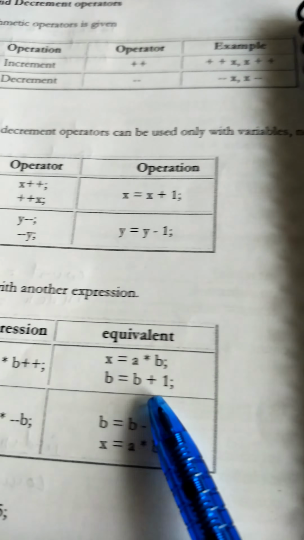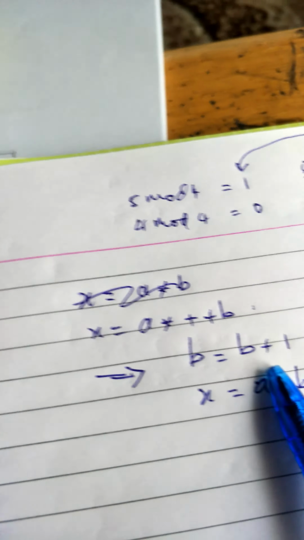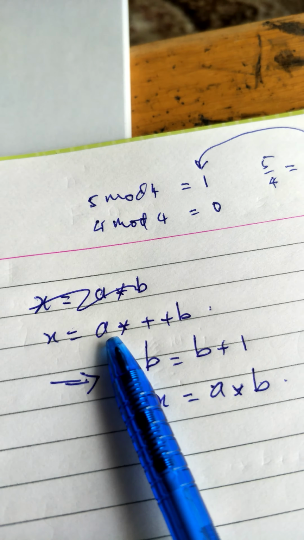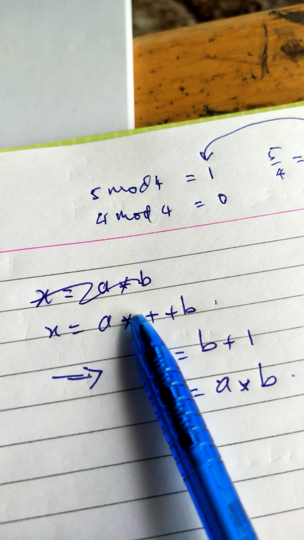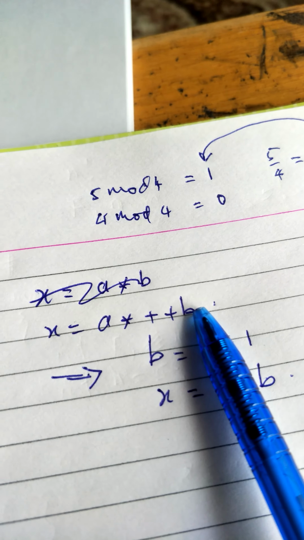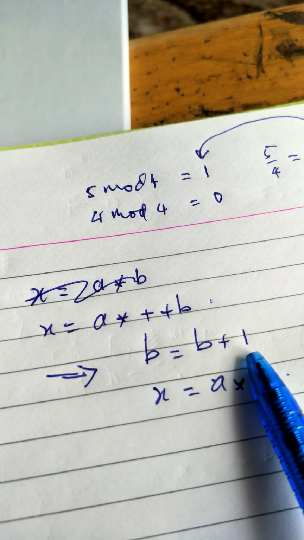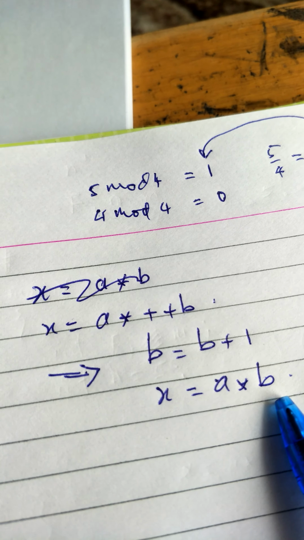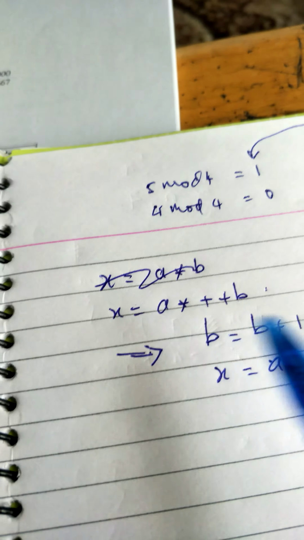In this case, we have x equal to a times ++b, which means we increase b first, then we do the process a times b. So what is the difference between those?